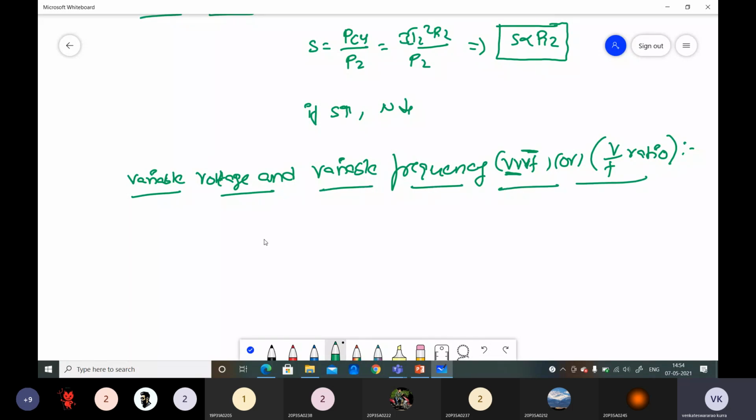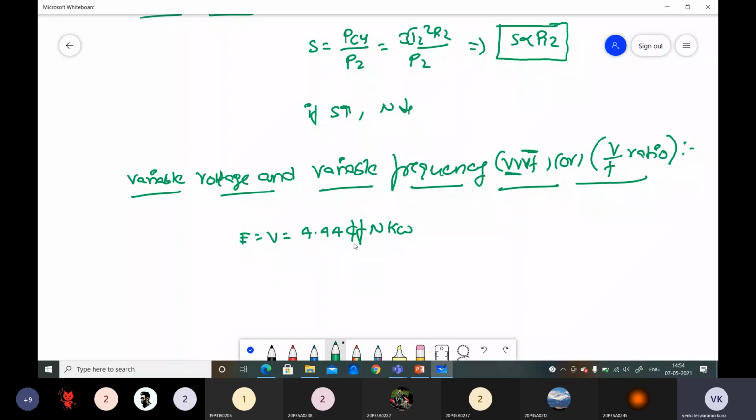As we know, the formula for induced EMF in the stator winding or rotor winding is E equal to V equal to 4.44 F Φ N Kw. Kw is the winding factor and N is the number of turns on the stator winding or rotor winding. If you want the voltage on the stator winding, just replace N by N1 and Kw by Kw1.